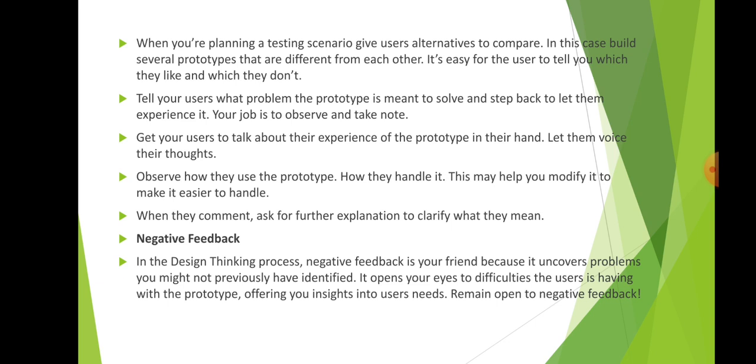Get your user to talk about the experience of the prototype in their hand. Let them voice their thoughts. Observe how they use the prototype, how they handle it. This may help you modify it to make it easier to handle. When they comment, ask for further explanation to clarify what they mean.